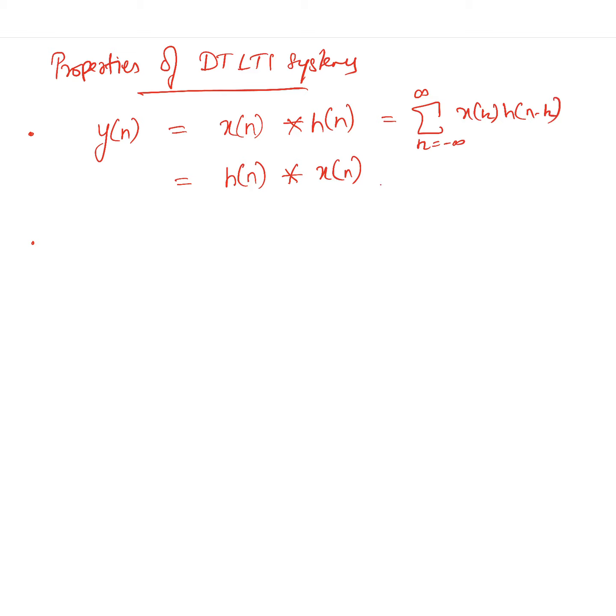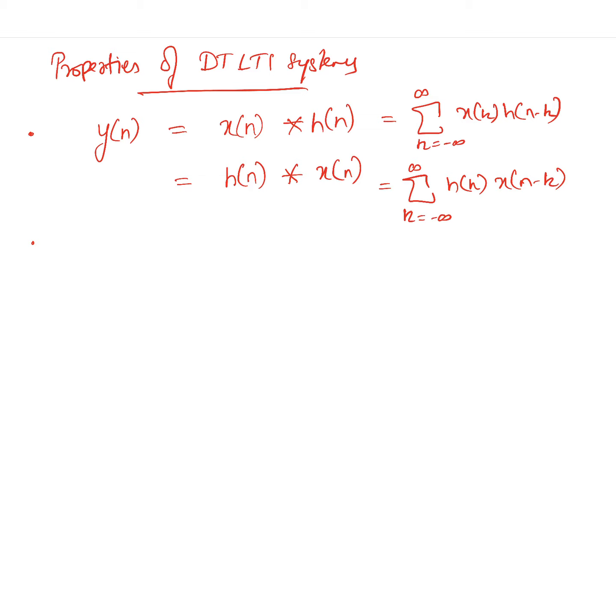The second one will read as k from minus infinity to infinity h of k and x of n minus k. So this is what we mean, that these two computations would remain the same, which you are seeing on the right hand side.